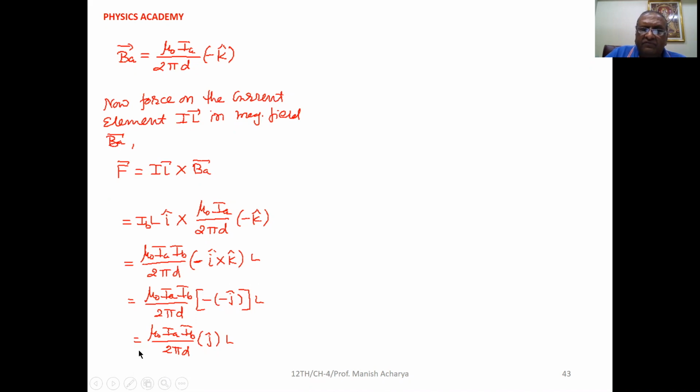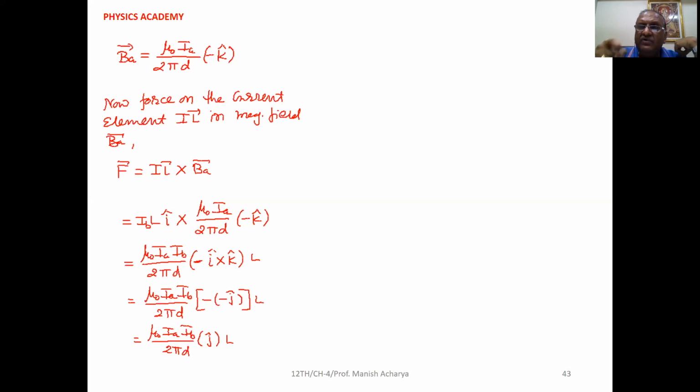So the force, that is mu 0 IA IB upon 2 pi D J caret into L. So this is the force on B by A. And see, it is in positive Y direction. So wire B is below wire A. And on B, the force that is in upward direction means A is attracting B.